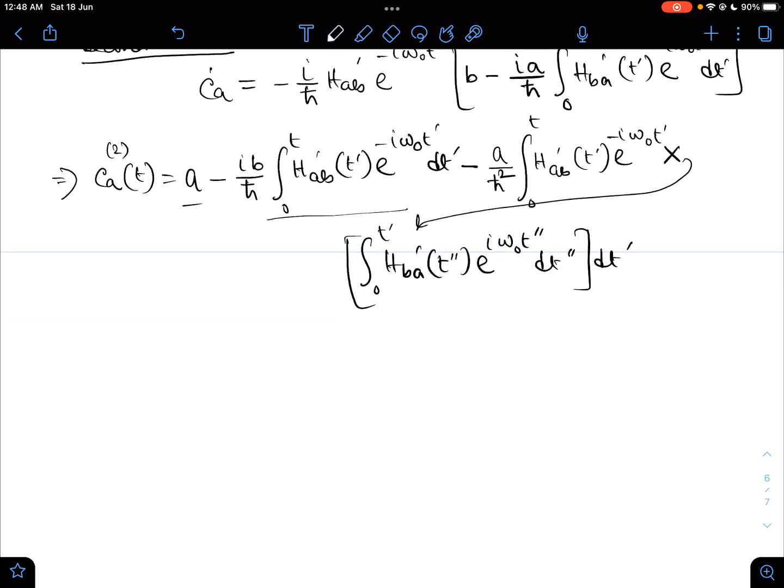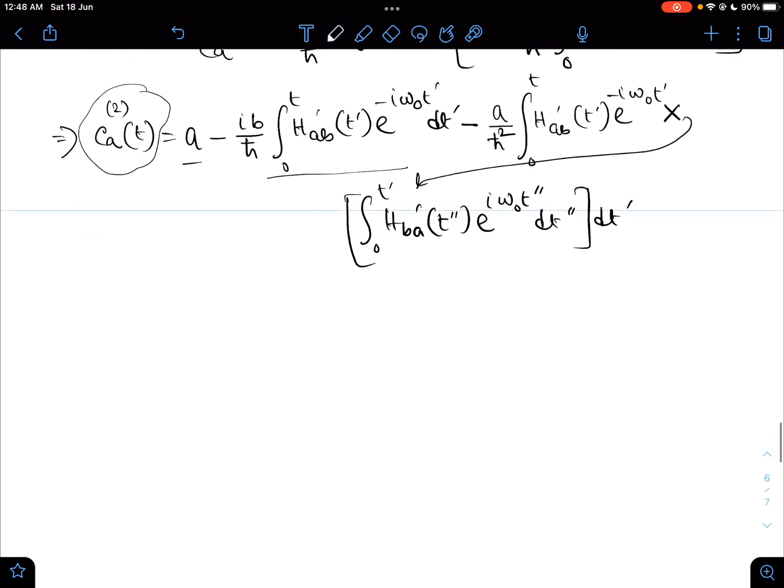So this is our desired result, CA(t) up to second order at any time.